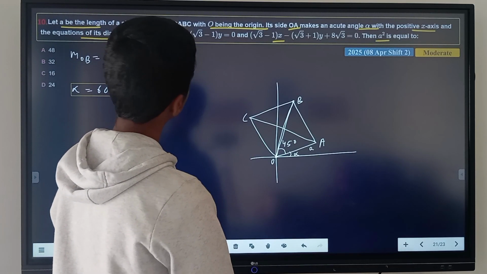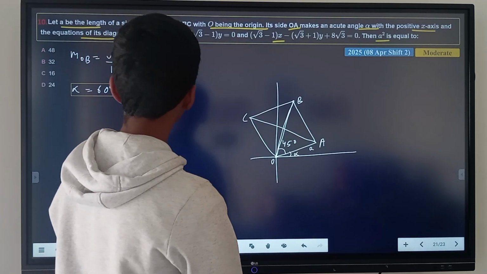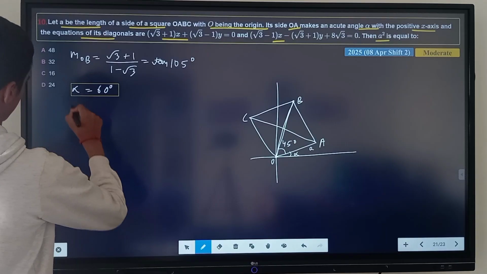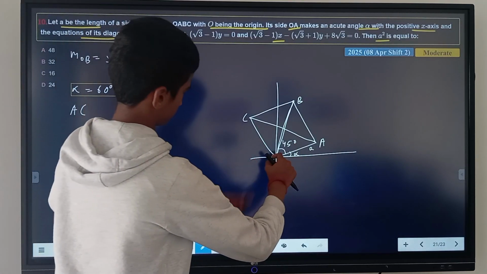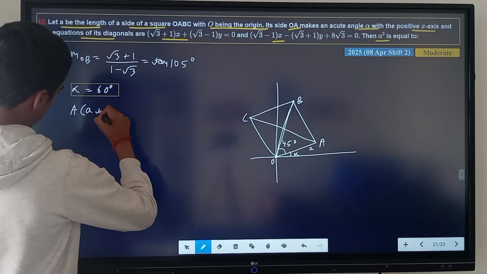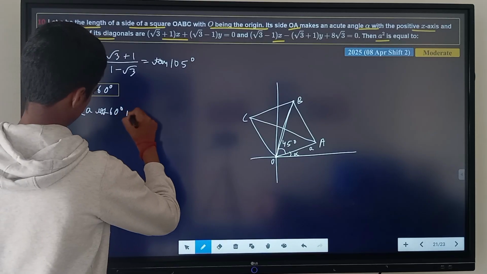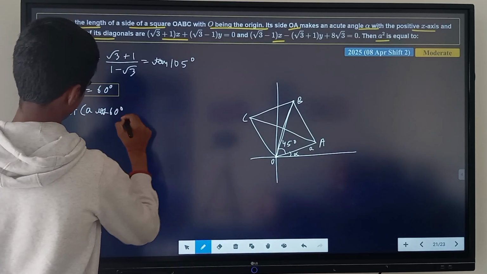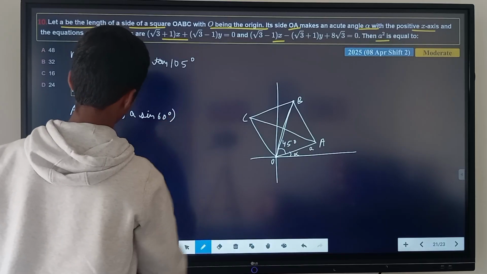Now we need to find, if our alpha is 60 degrees, point A. OA passes through origin O, so point A will be a cos 60 degrees comma a sin 60 degrees.